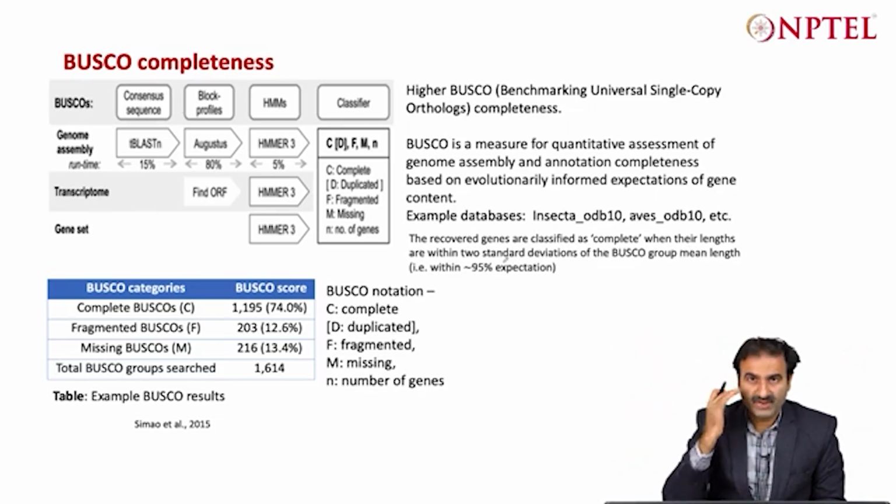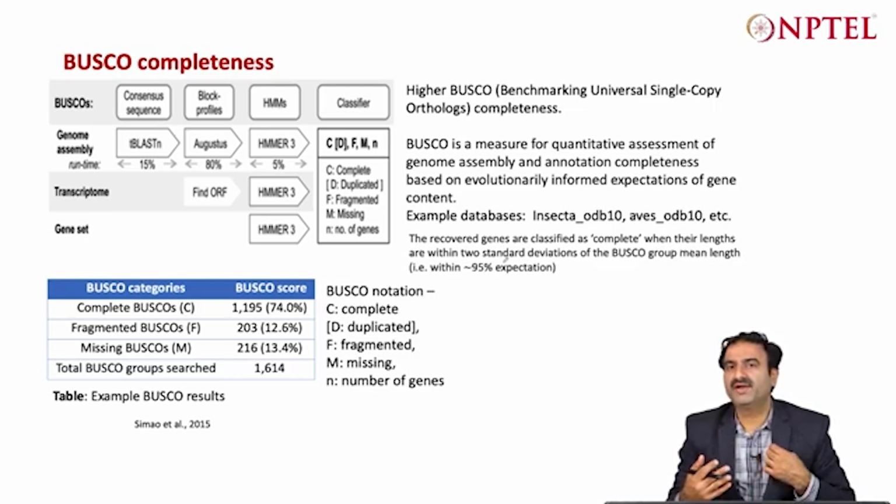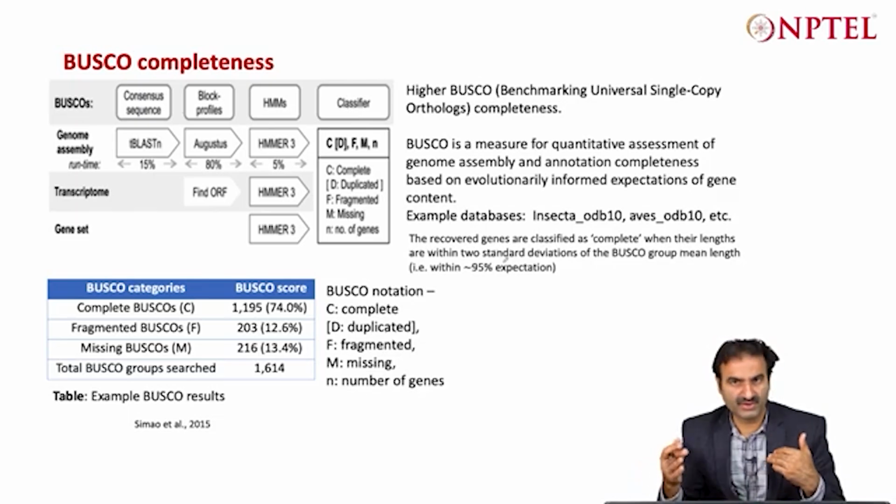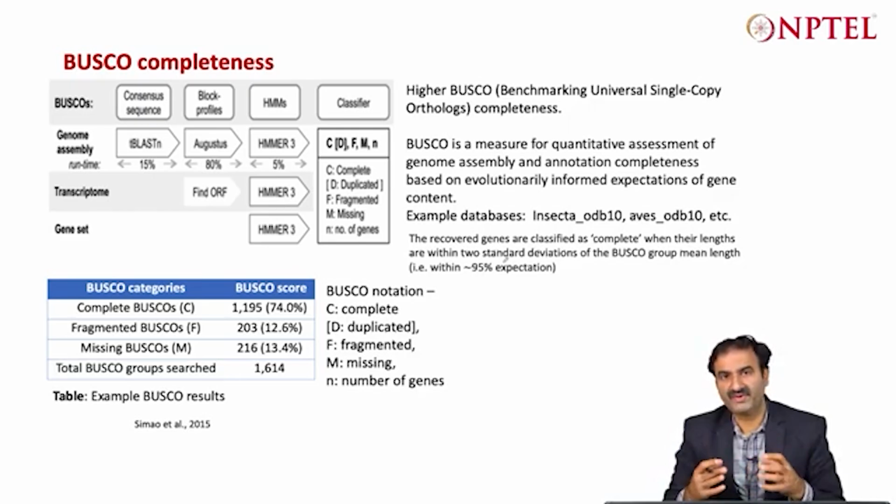If all of those are present, or some of those are present, or they are present partially, that will tell something about how good your assembly is, because if your assembly is very good, you should have all these marker genes, or single copy orthologous genes, and if those genes are also present fully, not fragmented, that will tell that the assembly is of very good quality.